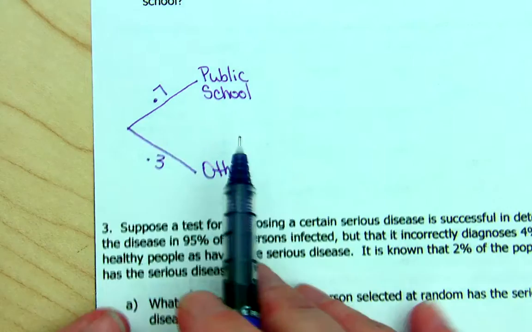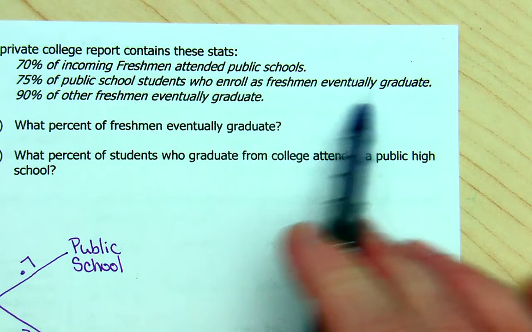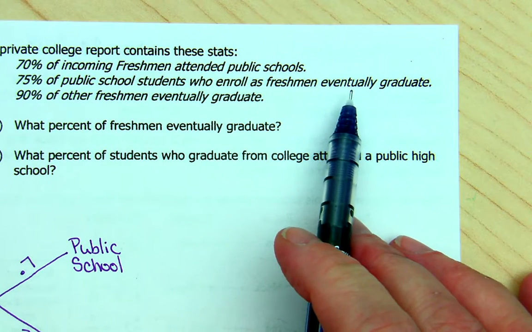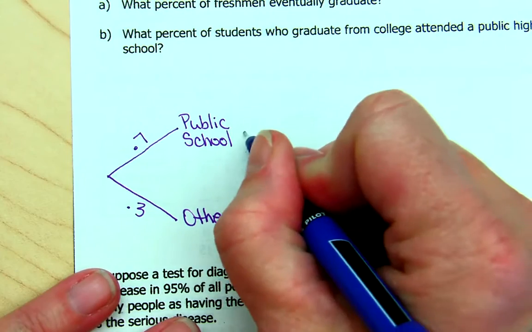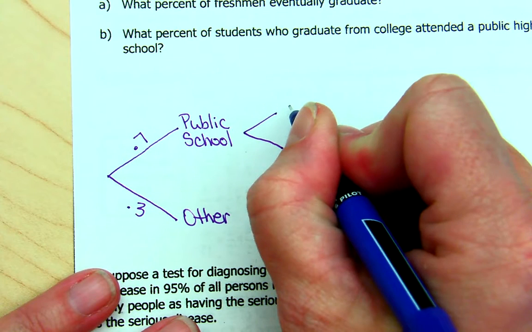And then after we know which ones, our other thing we're concerned about is, are they going to eventually graduate? So for each one of these, we'll have either graduate or don't graduate.